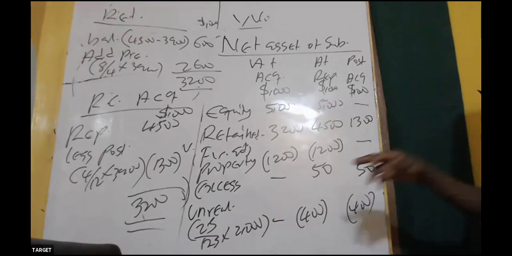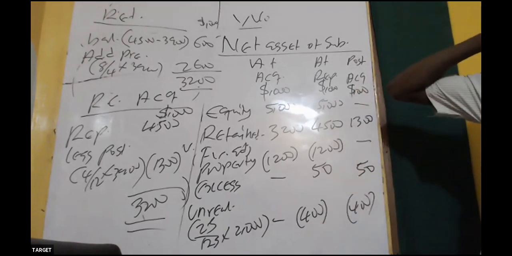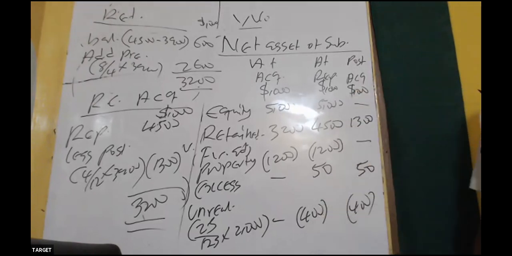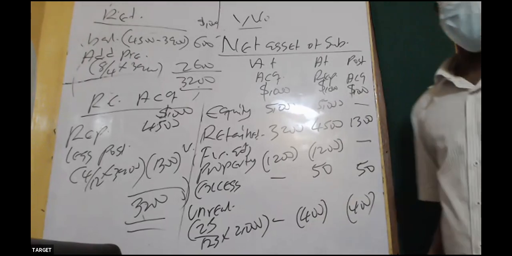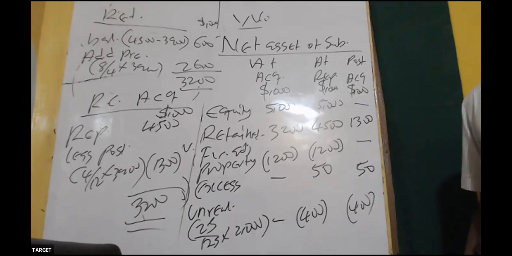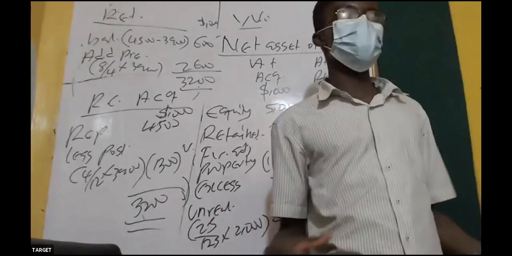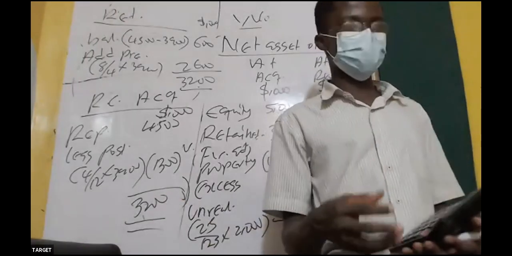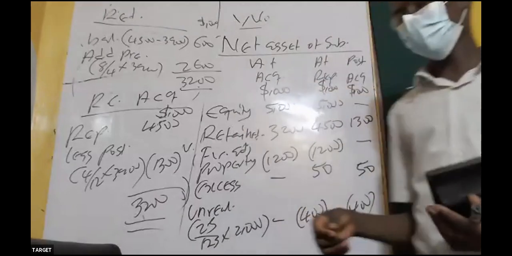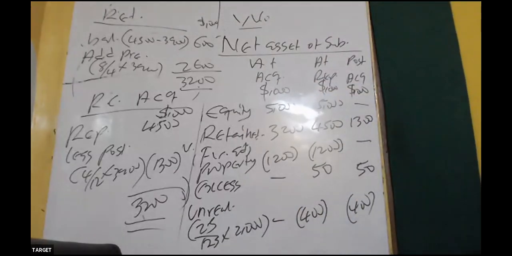Okay, immediately there's a figure here, right? So go to the balance sheet. This should be subtracted from inventory. The inventory figure should be reduced by 400. So go there and subtract from inventory. However, in our balance sheet, the inventory is fused in the current asset. So go there, the current asset, less 400 from the current asset.